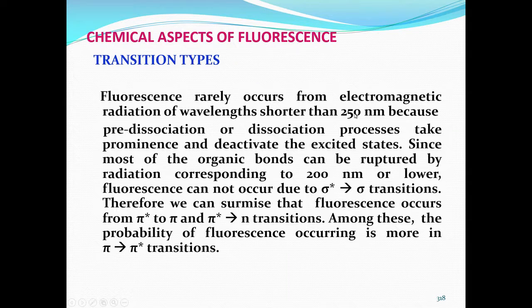Okay. So, we come to the basics of fluorescence, and these are the transition types. It rarely occurs from emission radiation of more than 250 nanometer, because below 250 nanometers or even 180 nanometers, the property of the electromagnetic radiation is to dissociate and destroy the molecules, molecular bonds, etc. So, obviously it stands to reason that at very short wavelengths fluorescence phenomena does not occur.